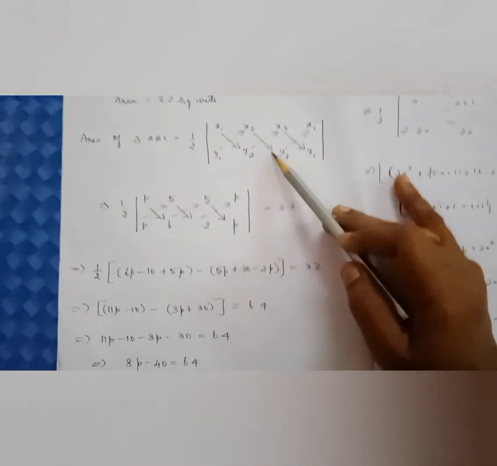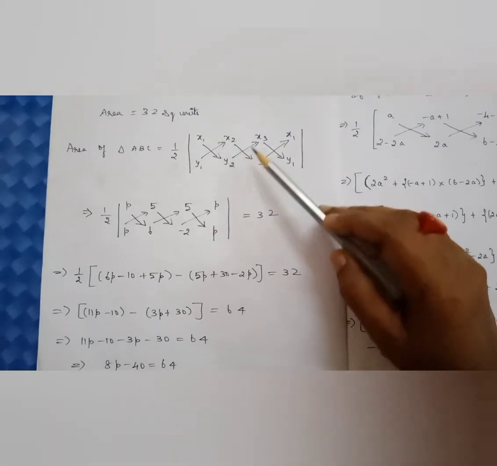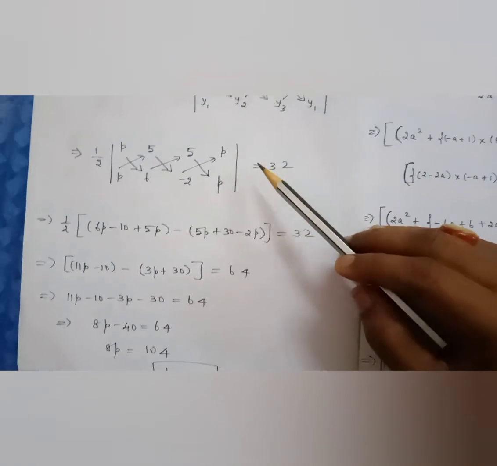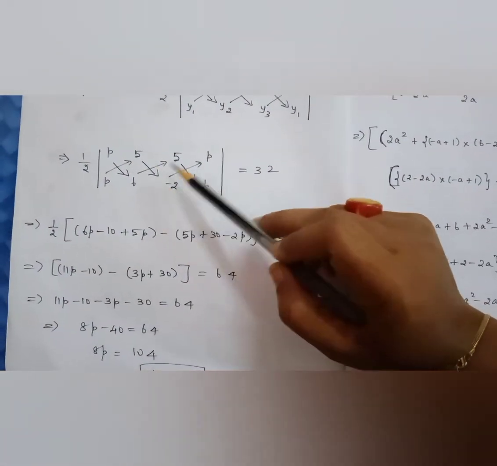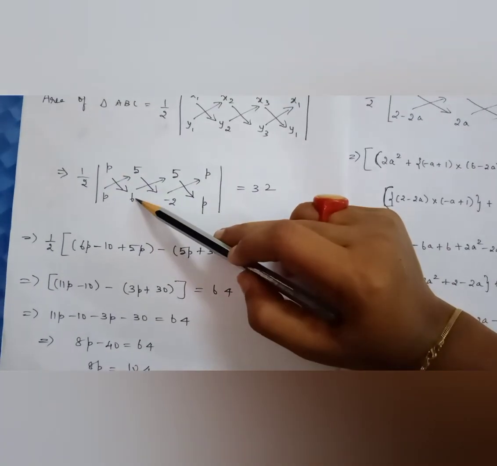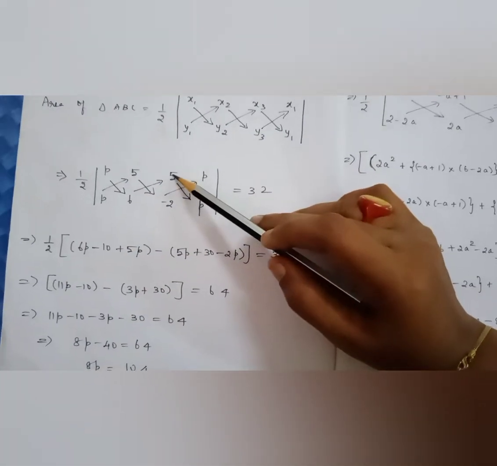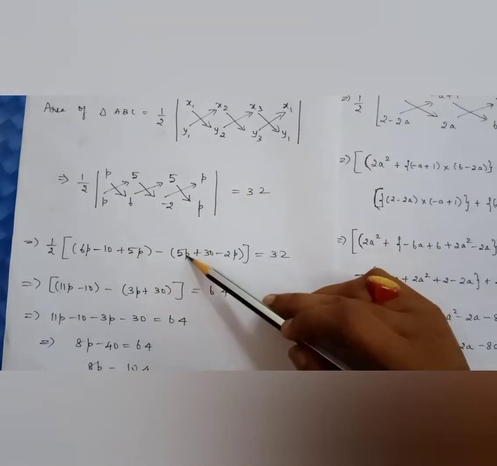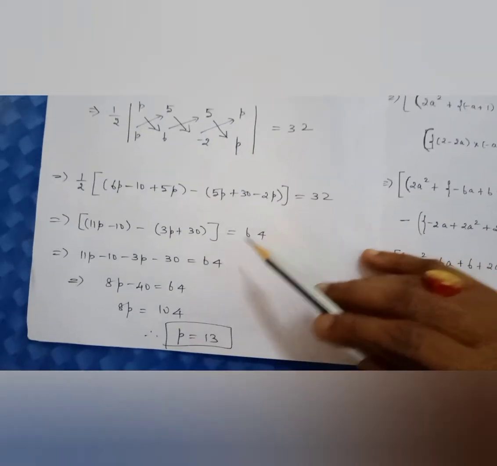Now write the formula. The area of the triangle ABC is equal to half into x1 y1, x2 y2, x3 y3, again x1 y1. So when I am substituting, it is going to be half into P, P, that is x1 y1, then 5, 6, that is x2 y2, and 5, -2, x3 y3, again P, P. Now P into 6, that is 6P, minus 5 into -2, that is minus 10, then plus 5 into P, 5P, minus, again a bracket, P into 5, that is 5P, 6 into 5, 30, then -2 into P, -2P.